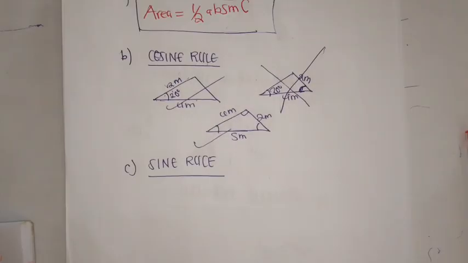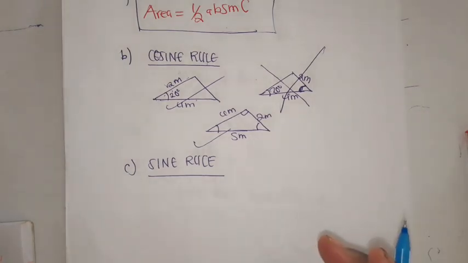So you can use the sine rule to find the angle between two sides. That's if you are given the lengths of both sides and an angle opposite to one of the given sides.